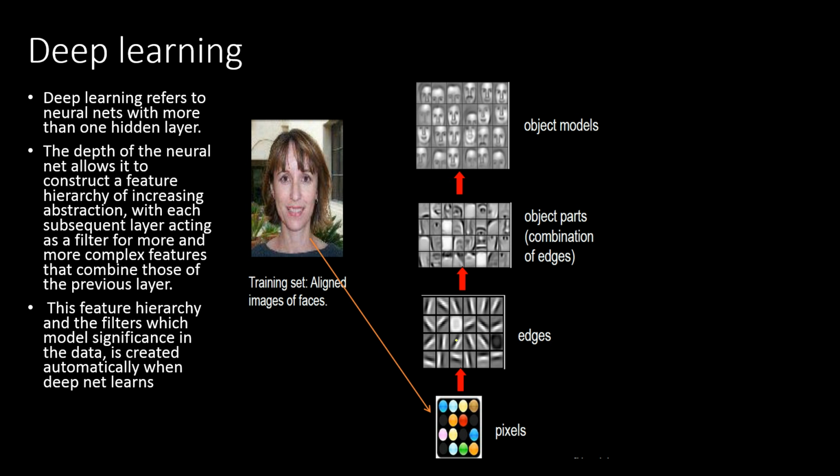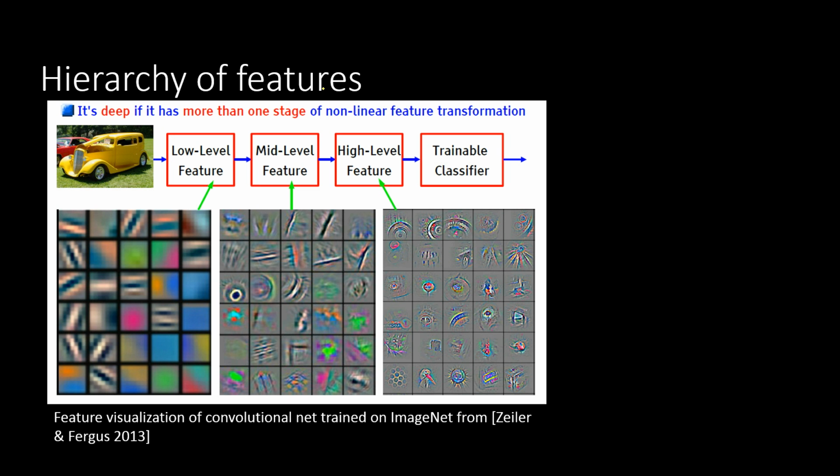From pixels, the initial layer will learn some features like edges. From edges, the next layer will learn features like object parts, combining those edges. And then the higher or deeper layers will learn higher-level features. This is an image from the paper by Zeiler and Fergus, where they visualize the features through a deconvolution technique.